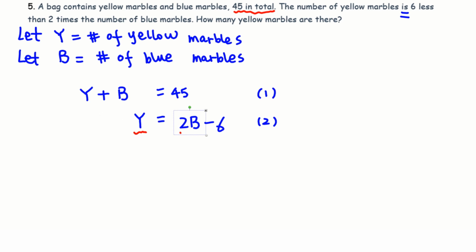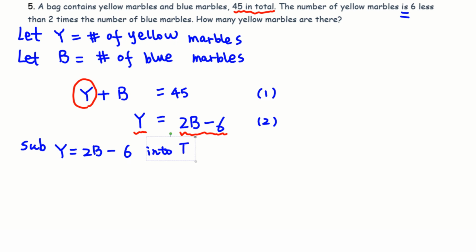We substitute the equivalent into the other equation. Replace the y with the equivalent. So sub y equals 2b minus 6 into equation 1. It means the y will be gone and replaced with the equivalent 2b minus 6.